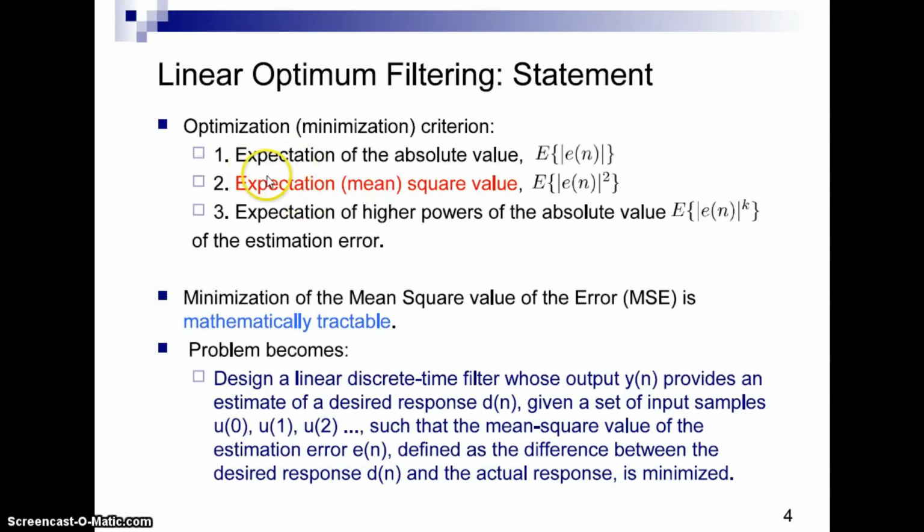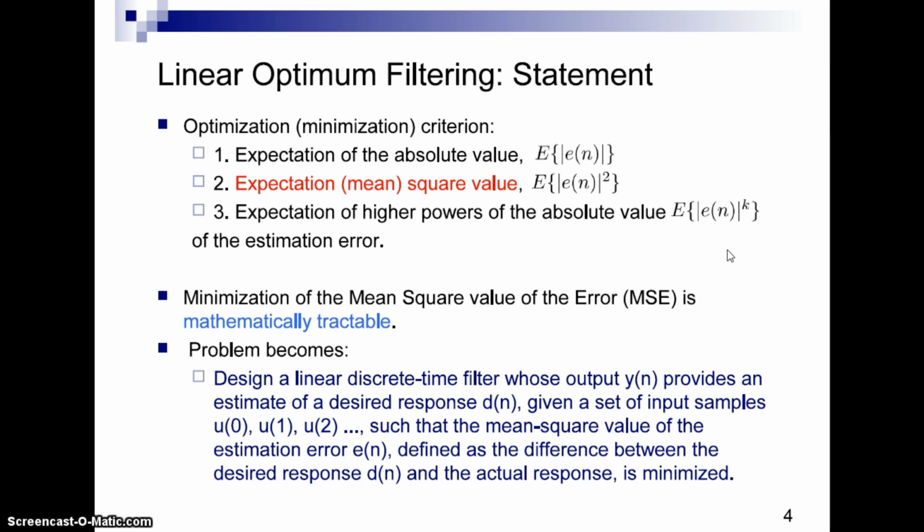First one is the expectation of the absolute value of the estimation error, which we denote by the expectation of modulus of e of n. Second possibility is the mean square value of the estimation error, the expectation of modulus of e of n whole squared. Third possibility is the expectation of third or higher powers of the absolute value of the estimation error, which we generally denote by this expression.